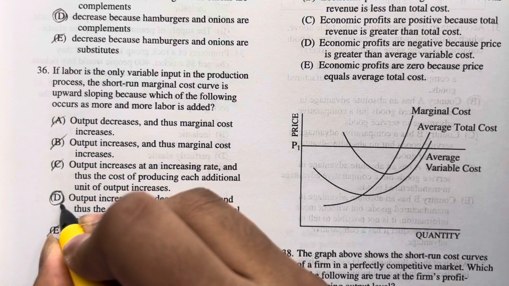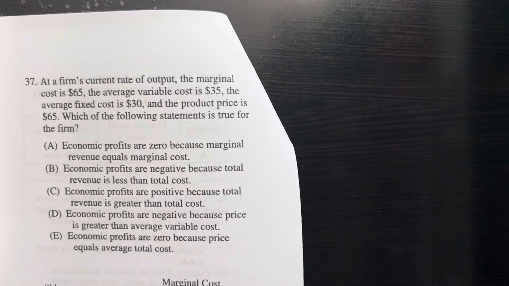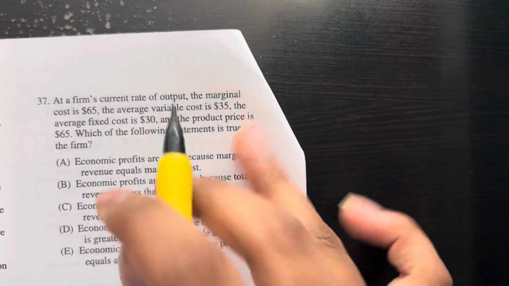All right. 37. At a firm's current rate of output, the marginal cost is $65. The average variable cost is $35. The average fixed cost is $30, and the product price is $65. Which of the following statements is true for the firm? This just looks like graphing it, or not even graphing it, but just taking a look.